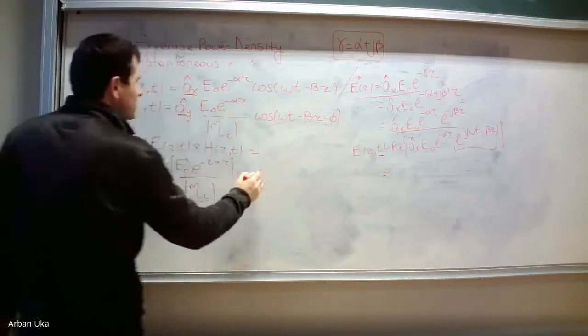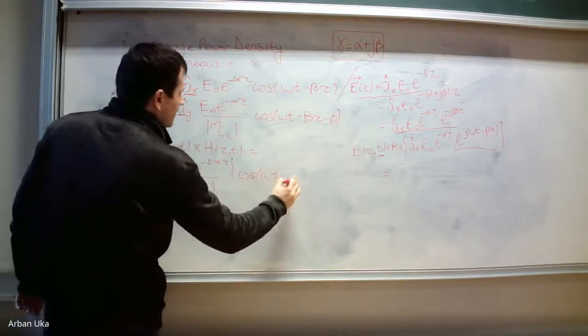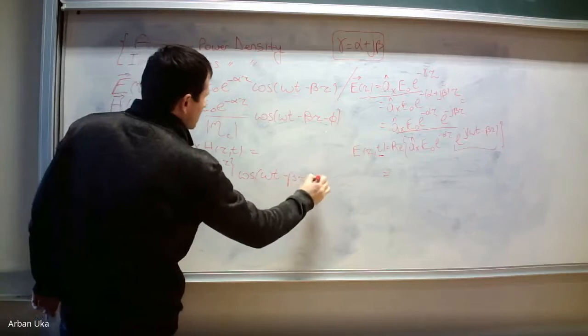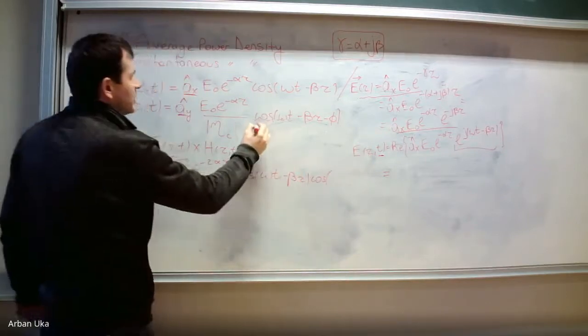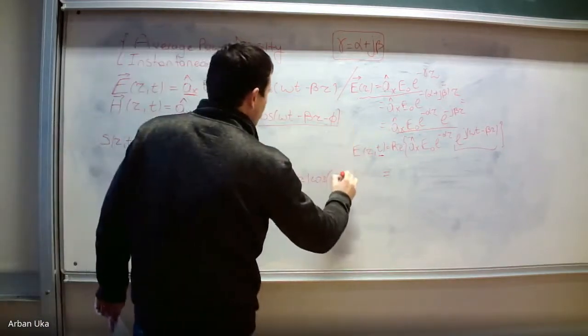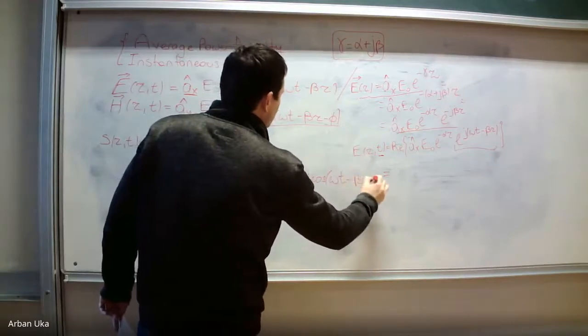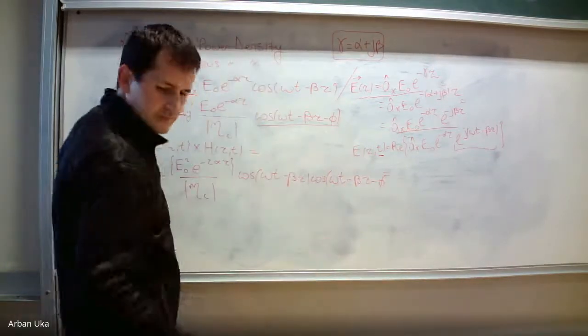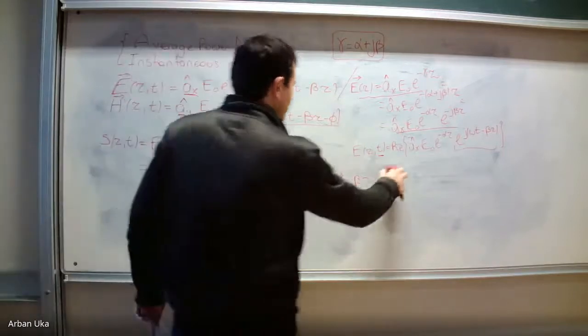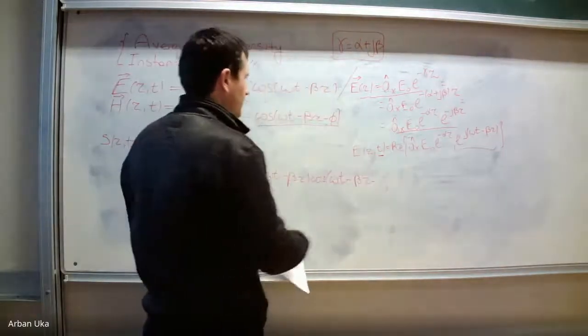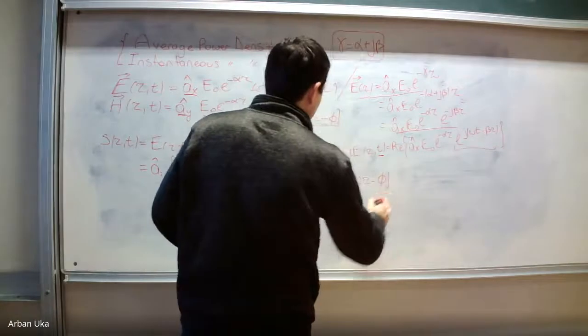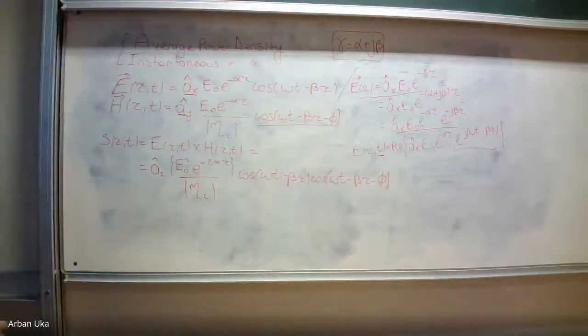This is cosine(omega t - beta z) times this other cosine, (omega t - beta z - phi). Okay, so this is the expression.